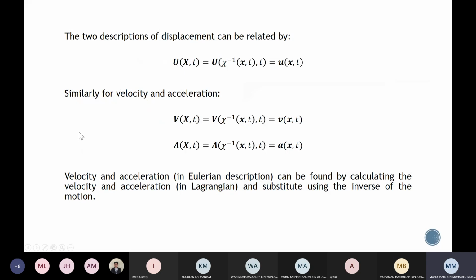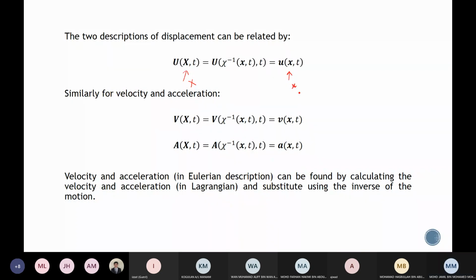And then to get the velocity, you can do substitution. The two descriptions of displacement can be related like this. Let's say big U is the material, Lagrangian displacement. To get the displacement in Eulerian, you just substitute the big X here with the inverse of the mapping, to get it in terms of small x. Meaning that the equation for big U is in terms of big X, but the equation for small u is in terms of small x.